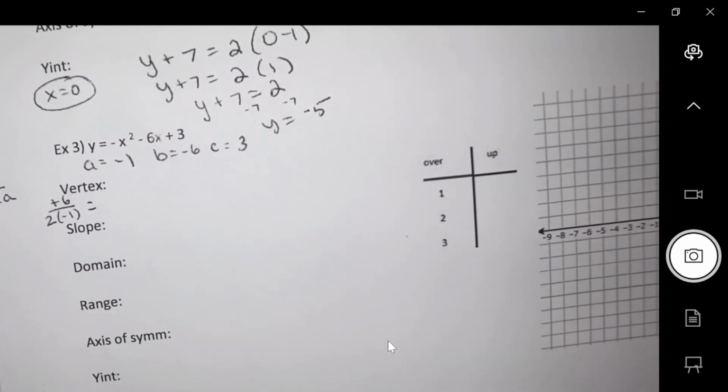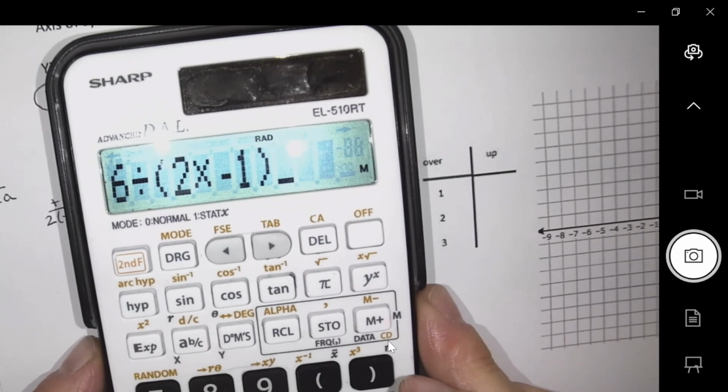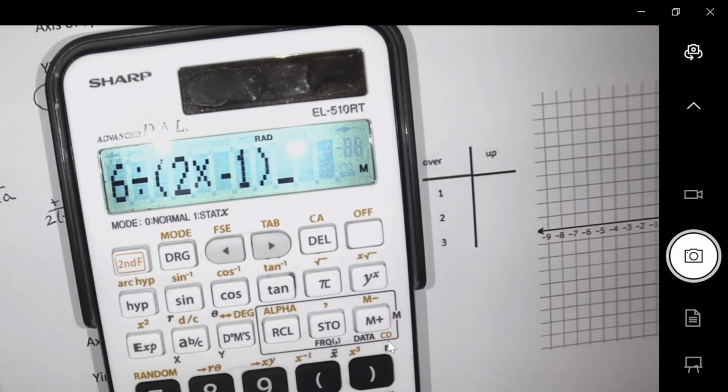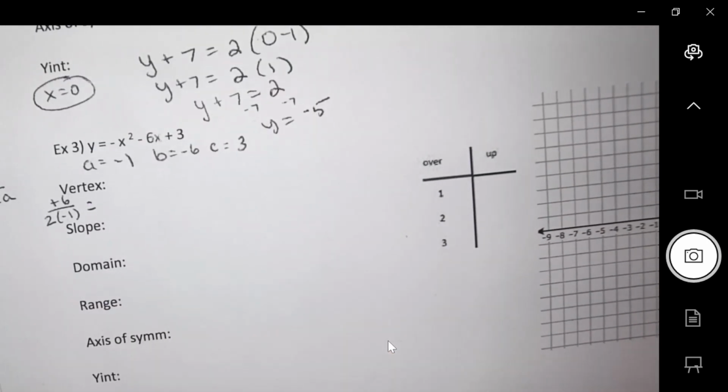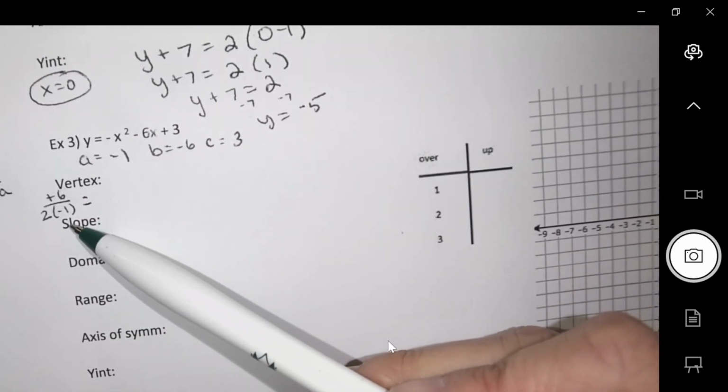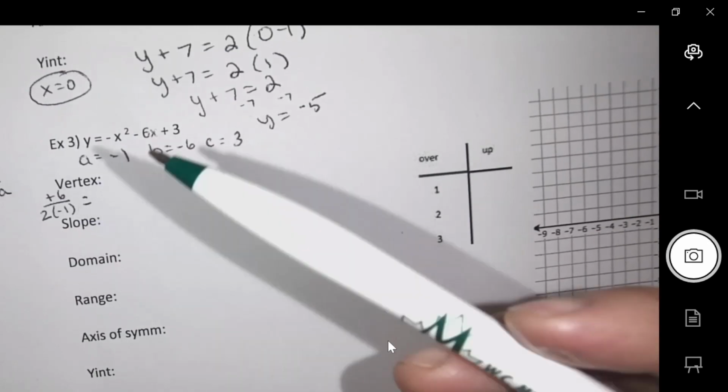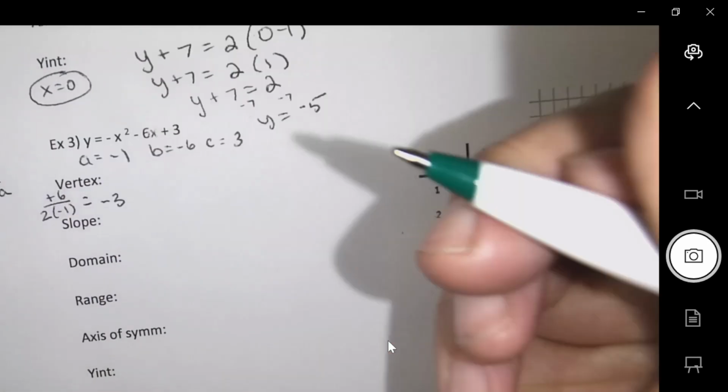If you do this in your calculator, you must type it in like that with brackets. You have to do that, or else it'll be thrown off with BEDMAS. Okay, if you are using your calculator, that has to be in brackets. I'm going to do this in my head because the bottom is -2. What's 6 divided by -2? -3.